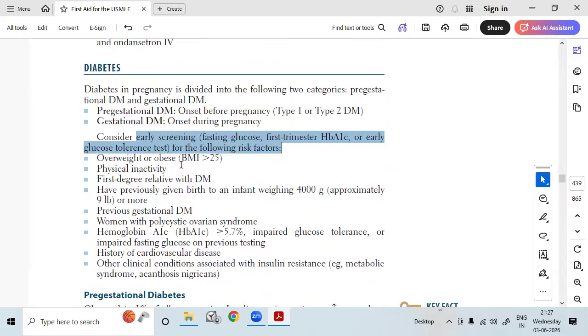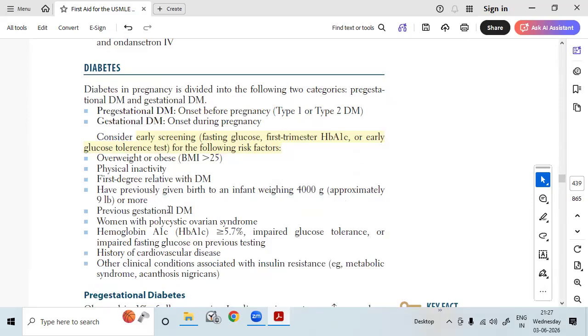Imperative to do this: somebody who's overweight or obese with a BMI of 25, and this is pre-pregnancy weight, physical inactivity, first degree relatives with diabetes, or having previously given birth to an infant weighing 4 kgs or more.